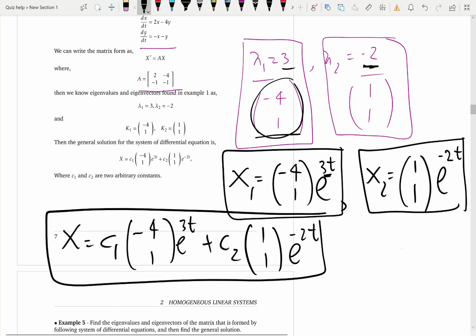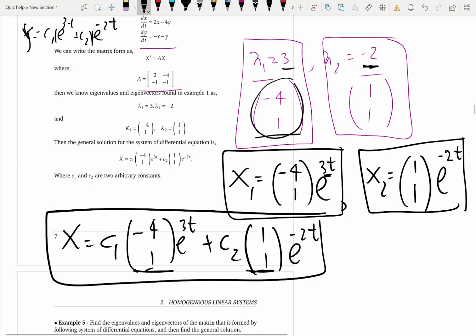It is the same as the auxiliary equation solution. Remember, when you have distinct roots, the solution will be like y is equal to C1 e to the 3t plus C2 e to the negative 2t, right? But here, since we are dealing with vectors, we have our corresponding eigenvectors.